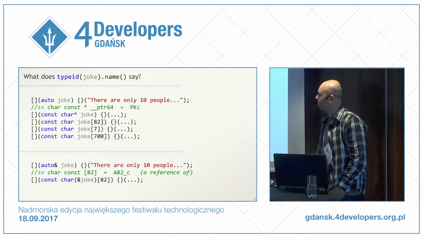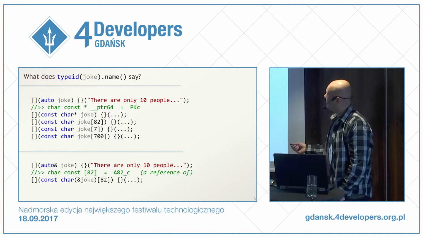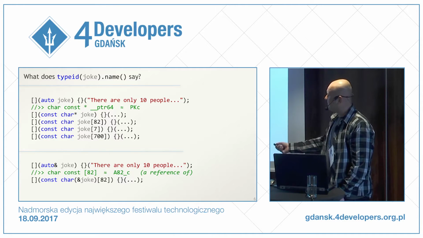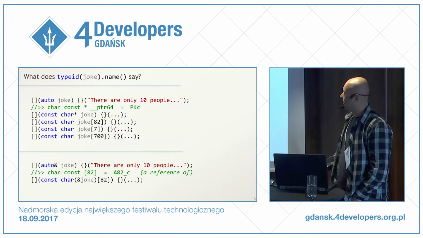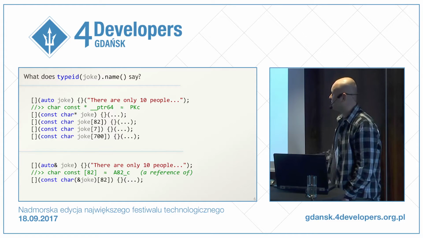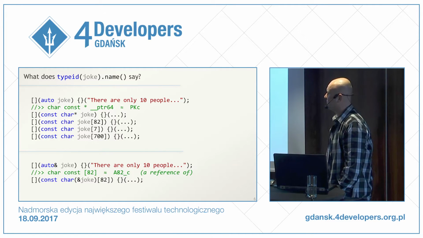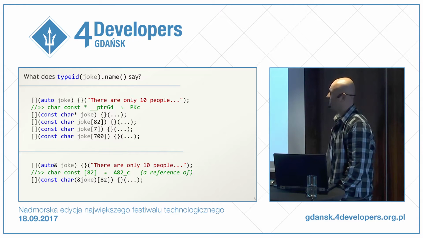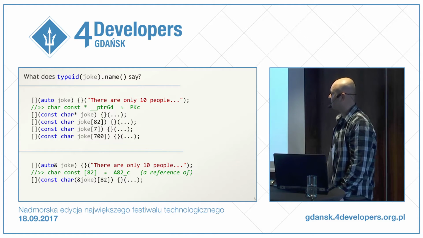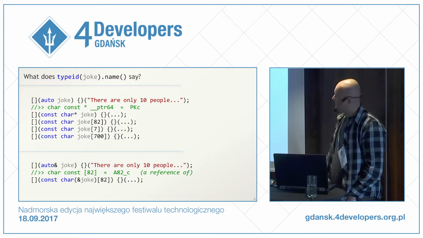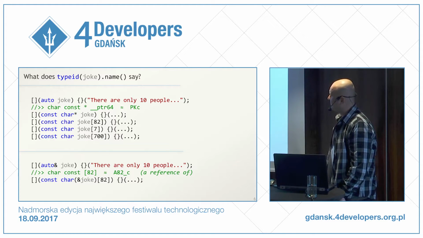So not the newest ones, but you know. How about this one? We have auto ref, so we catch the string by a reference to a const array of characters. Explicitly, we can write this one, right? So 82, including null termination.